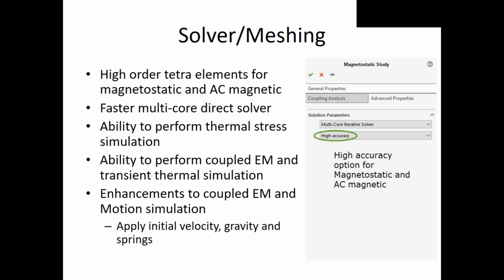Now we also have the ability to perform coupled electromagnetic and transient thermal simulations. So far, users were able to do electromagnetics and couple that with steady state thermal. Now you can couple that to transient thermal simulation. In transient thermal simulation, one of the things that users want to know is how much time it takes for something to get hot.